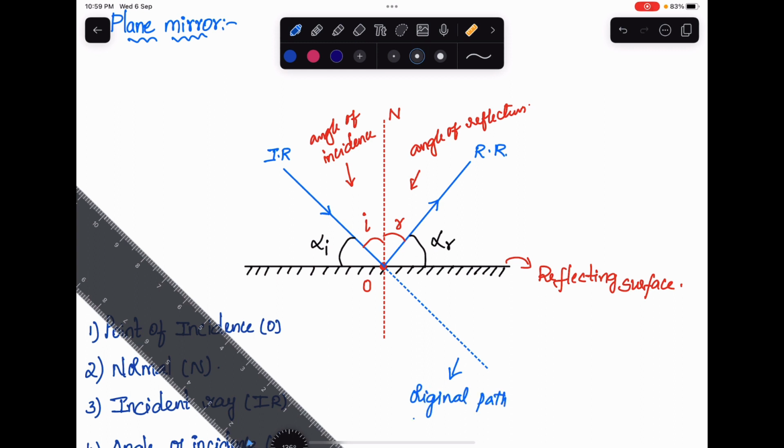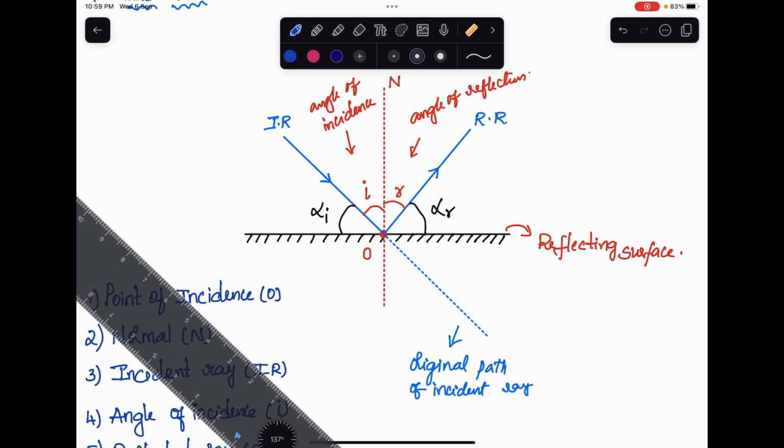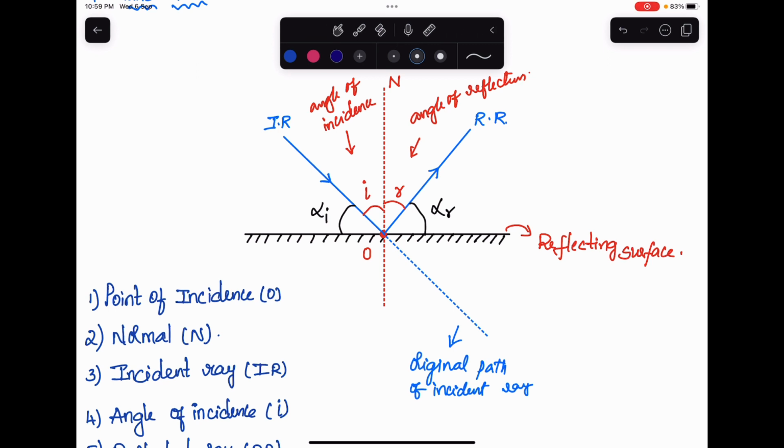Now what happened? Due to the presence of the mirror in the path of your incident ray, the light energy got reflected off the mirror in the direction of your reflected ray. This is the original path of your incident ray. Due to the presence of this mirror, this light ray got deviated in this path as your reflected ray.